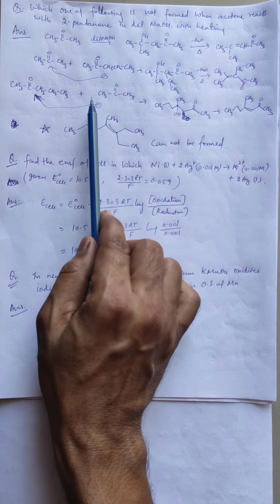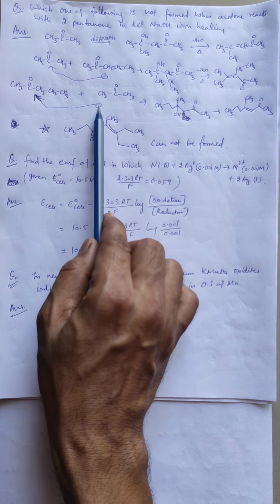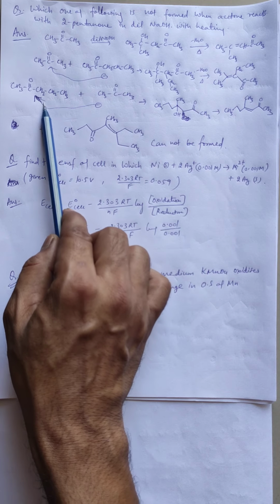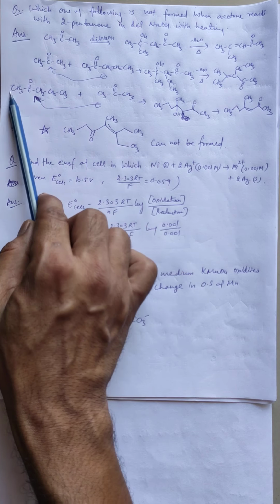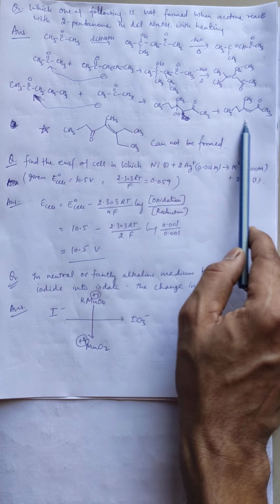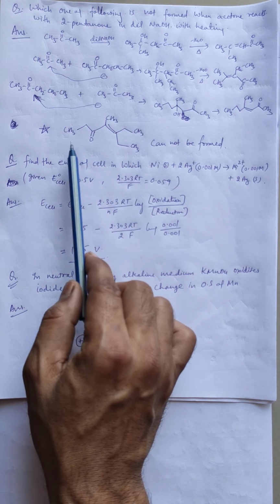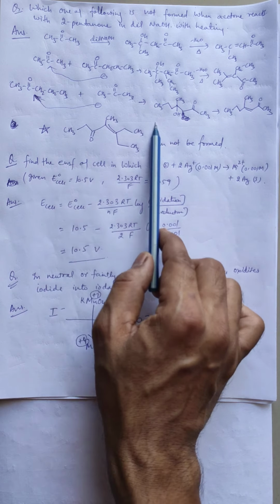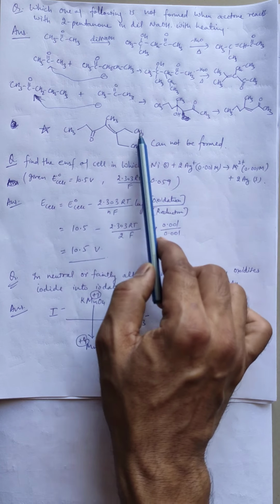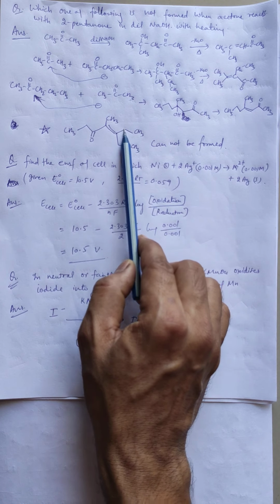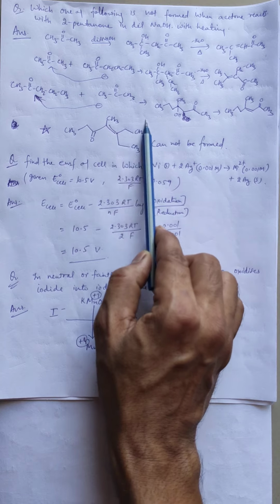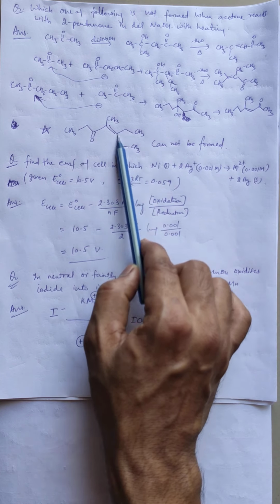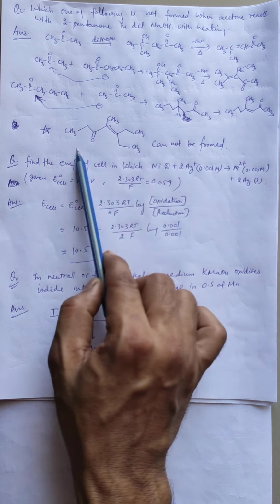Now if acetone reacts as a nucleophile and attacks the 2-pentanone, then the product will be this. But in the options, one option has a 2-ethyl group, CH3CH2. This cannot be formed, so this is the answer.